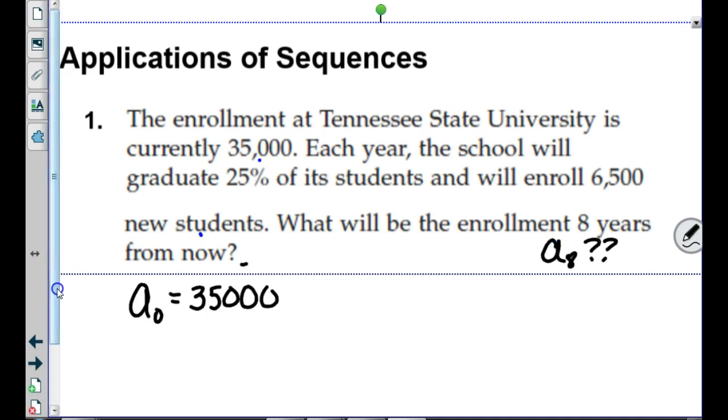Okay, but the issue is that there's 2 things happening, and the order matters, okay? The first thing happening is that 25% of the students graduate, okay? So how would we find that number? Who's going to be left? 35,000 times what?